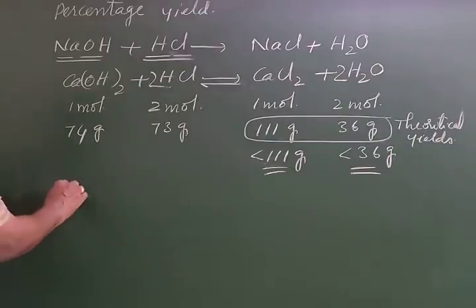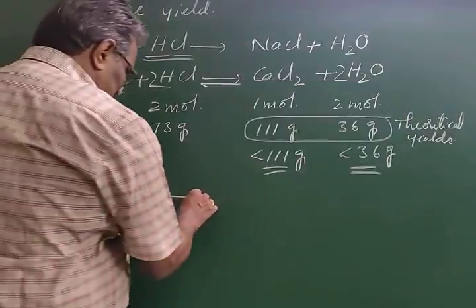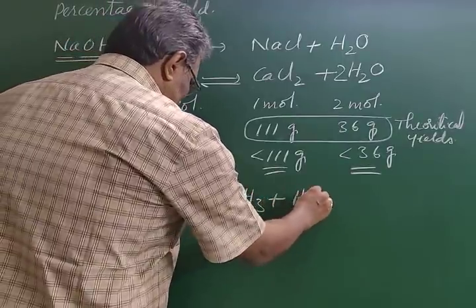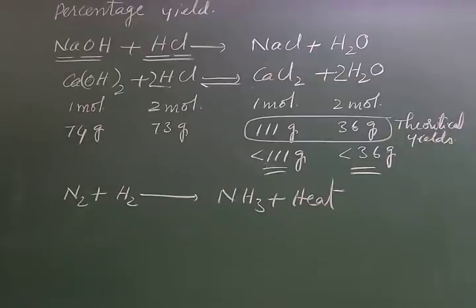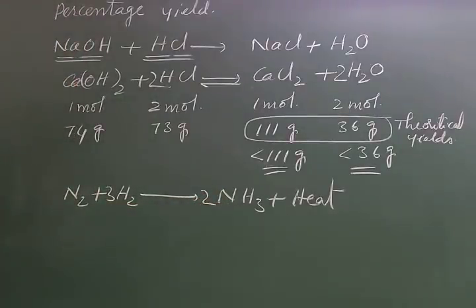We discussed the reaction N2 plus H2 gives rise to NH3 plus heat, the preparation or manufacture of ammonia in Haber's process. The balanced equation is N2 plus 3H2 gives rise to 2NH3.